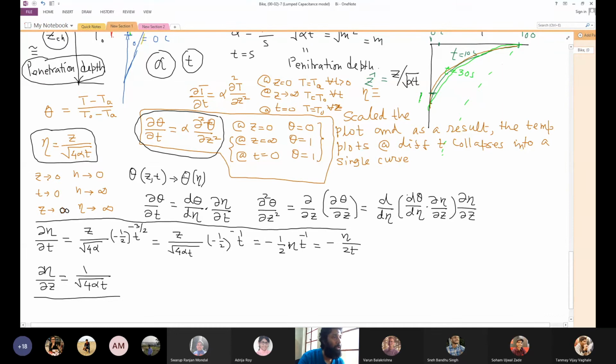So del theta del t equals d theta d eta del eta del t, equals alpha times d over d eta of d theta d eta del eta del z.